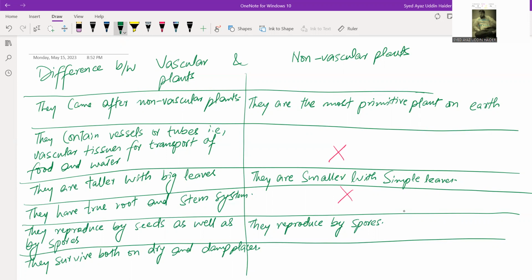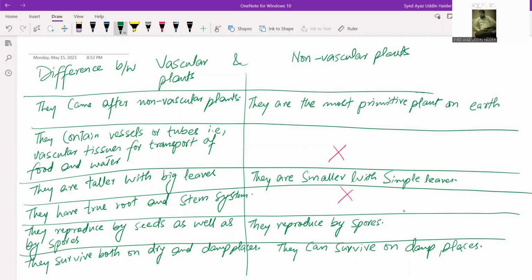But non-vascular plants can only survive in damp places, which means water is very important for the survival of non-vascular plants.